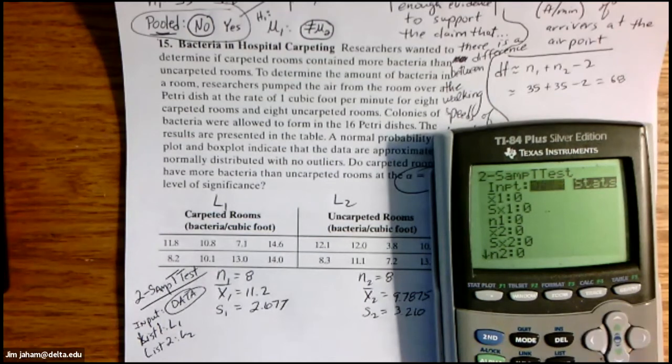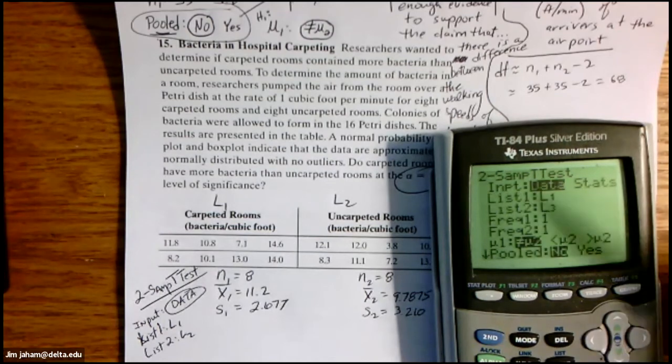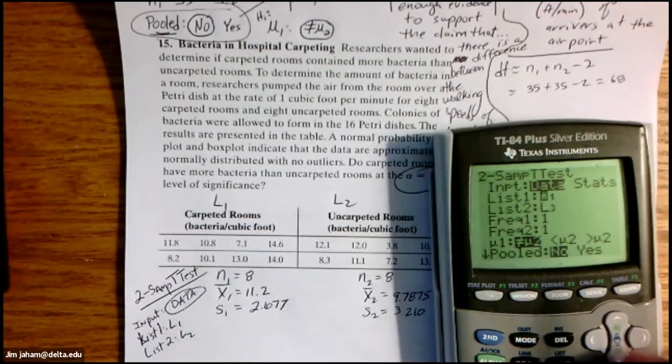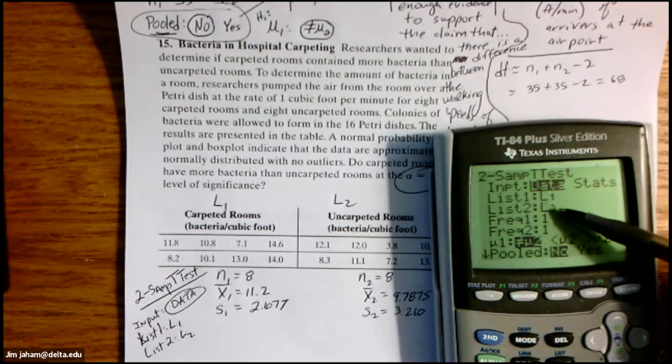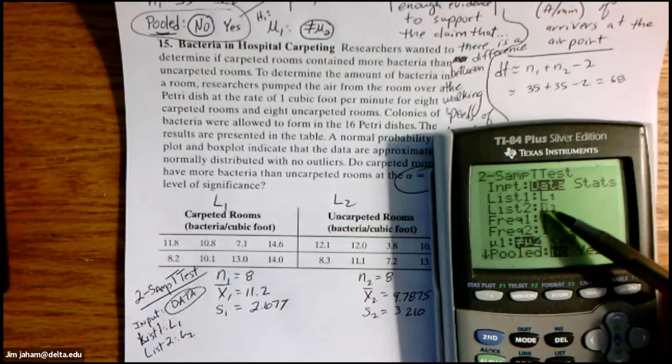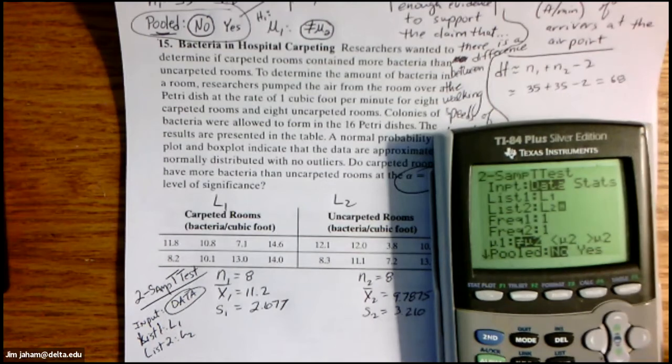I'm going to select data. And then my list 1 is L1 and my list 2 is L2. So I have to change this L3 to an L2. It's currently in the alphanumerics mode, but all I have to do is hit the second key and then the number 2. Second turns the cursor from the A to the shift, and then 2.